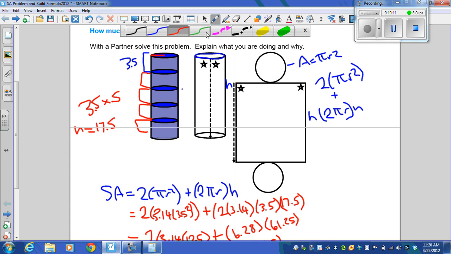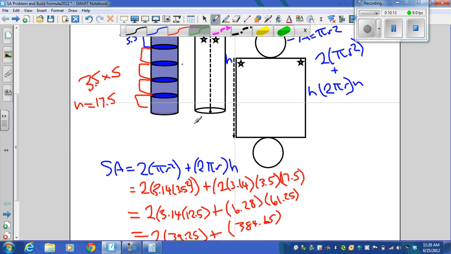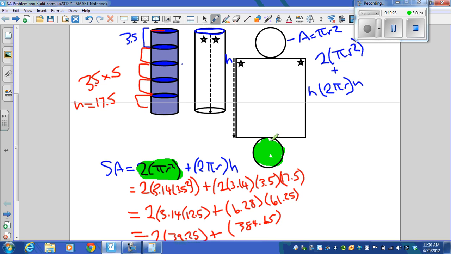I'm going to use this green part to shade the different parts. This part of the formula is the area of this circle here, and this circle here. Now I'm going to use the red line.